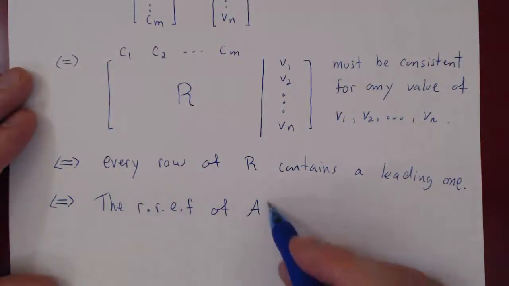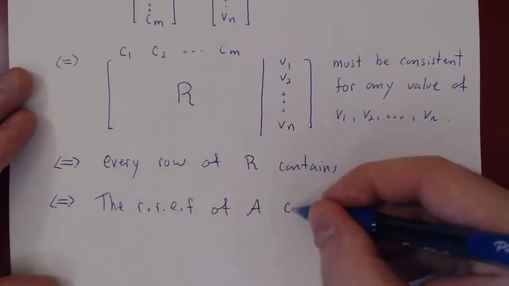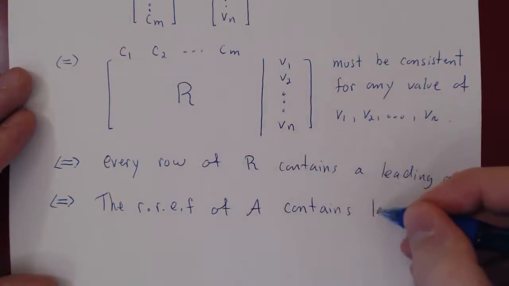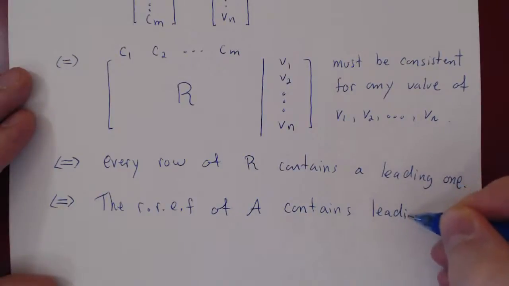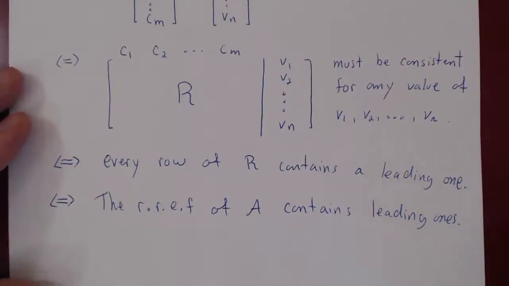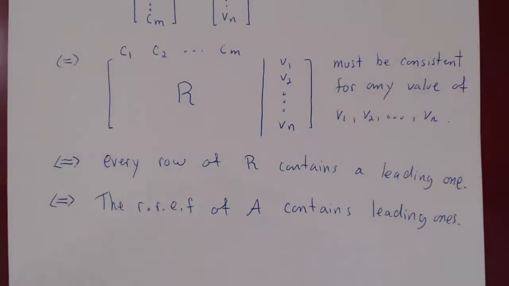The reduced row echelon form of A contains exactly n leading 1s. And that's our conclusion. Let's write this as a nice little result, but you'll see that ultimately this is what we were after because it almost makes the problem a trivial matter.